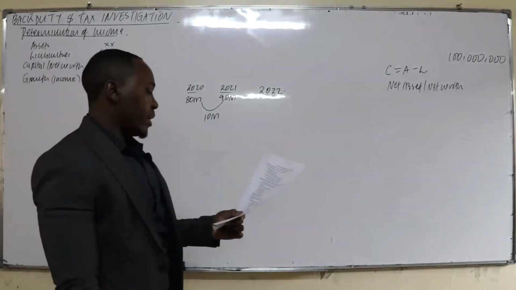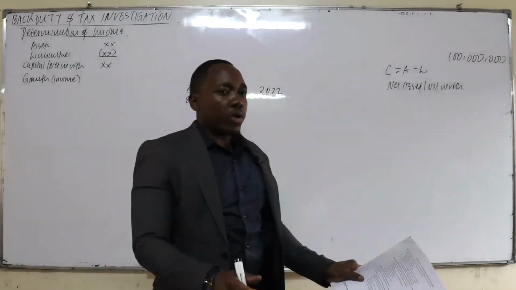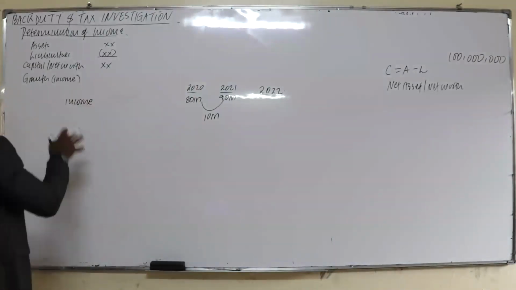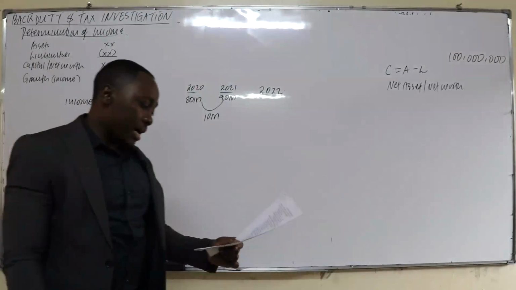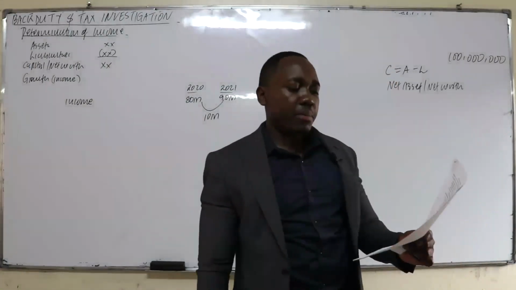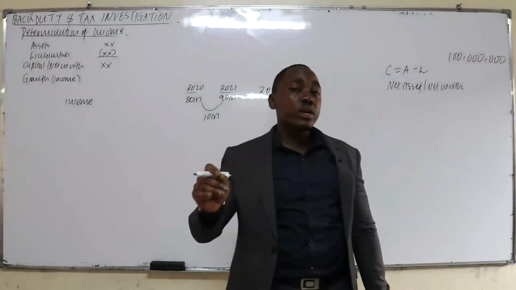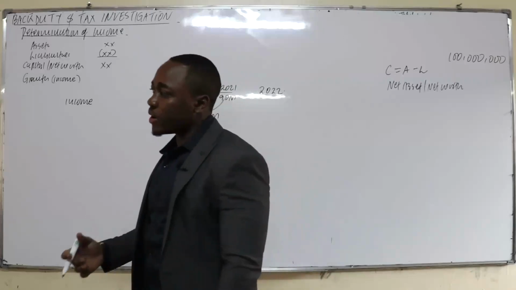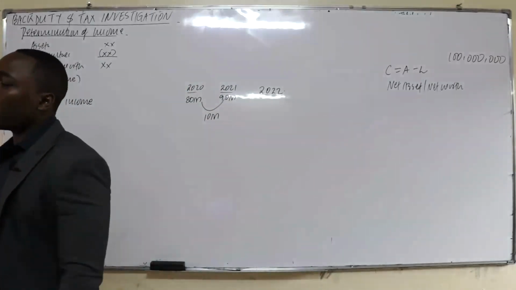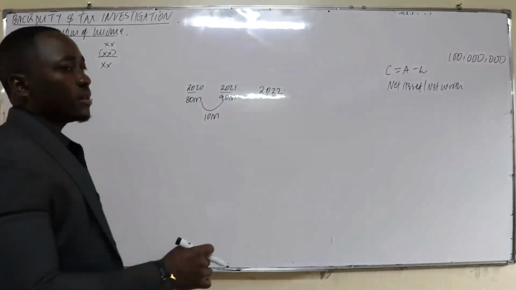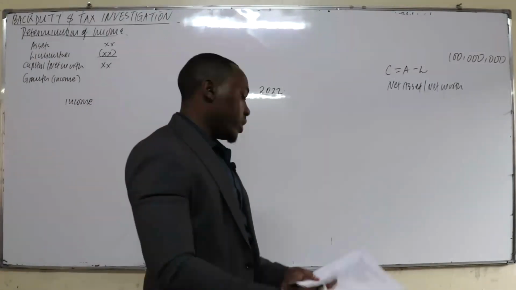Then number 5, once you determine your income, you do some adjustment to your income. You add all disallowable deductions such as living and personal expenses, including drawings. If you have taken some goods from your business, or some cash from the business, it is regarded as part of the drawings. So you add back all the disallowable expenses such as living expenses, personal expenses, including any forms of drawings.